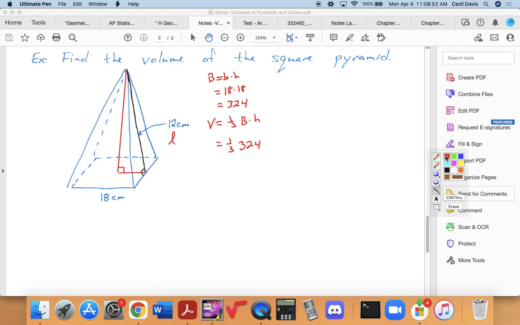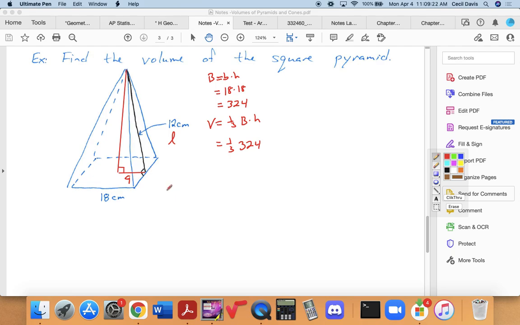It's not a 3, 4, 5. This is going to be 9 because it's halfway across. If it's a hexagon, that's not going to be half the side. It's always going to be the apothem of the base because it goes from the center perpendicular to the side.